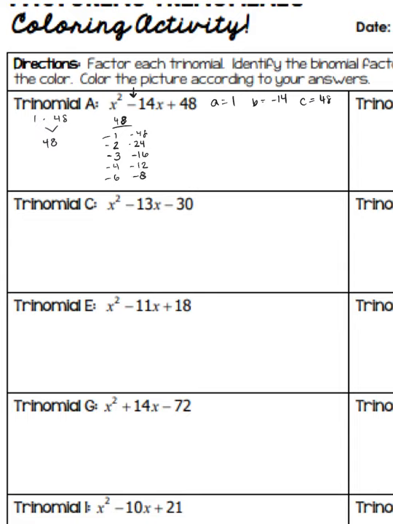You don't have to write the positive factors here because if you add up any positive factors, you're going to get a positive number, and we are looking for a negative B here. So we just need to look at our negative numbers.